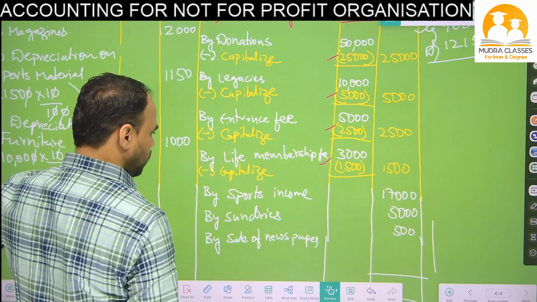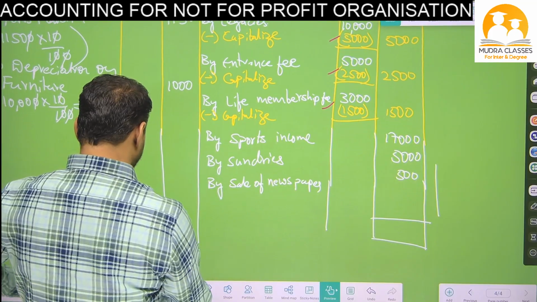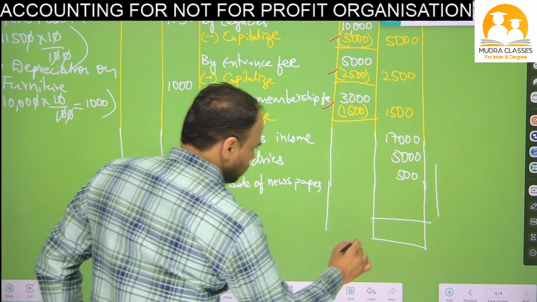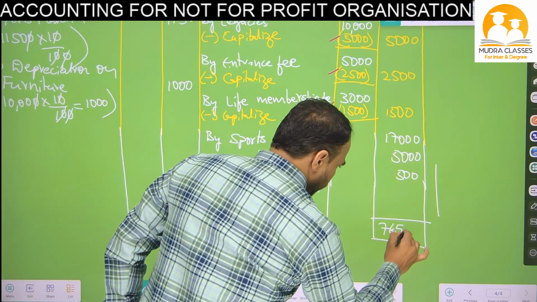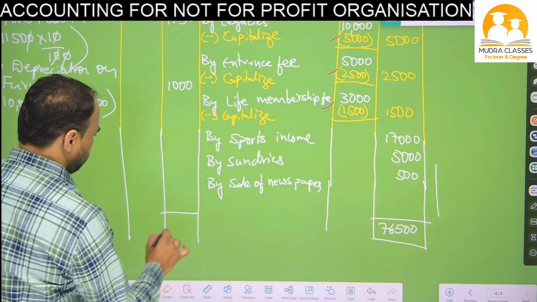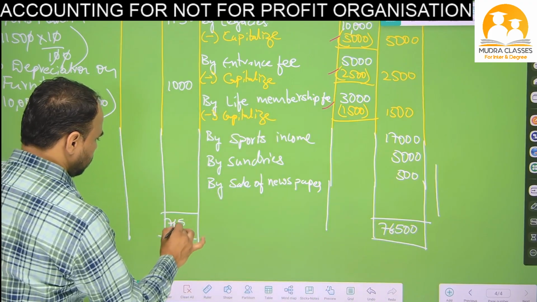So we will write that amount here, on both sides. Both sides will write that big amount, 76,500.